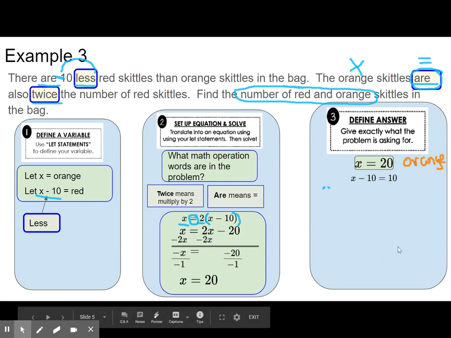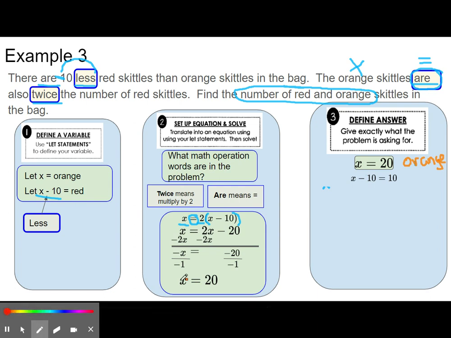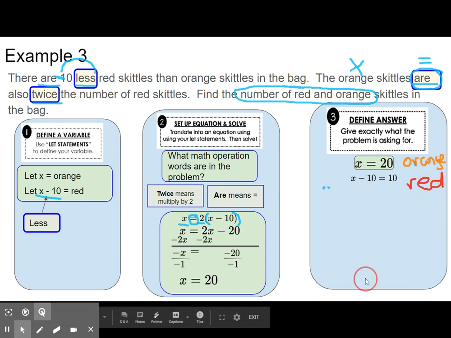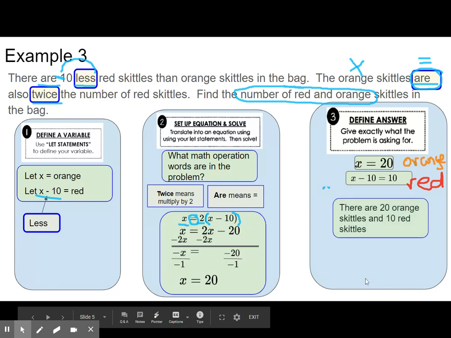X minus 10, that's red. All right. This is exactly what the problem had asked me. There are 20 orange Skittles and 10 red Skittles.